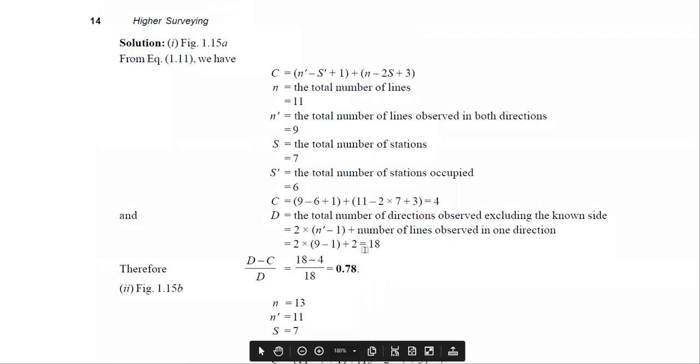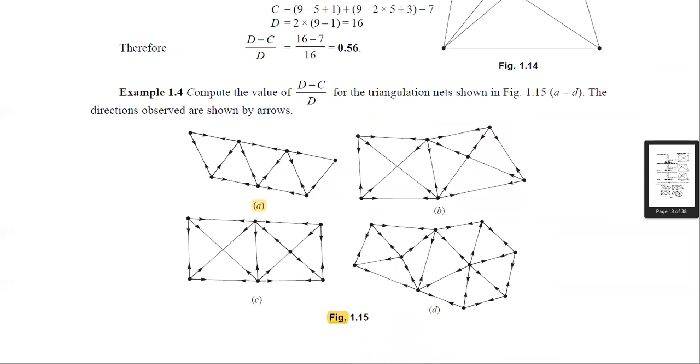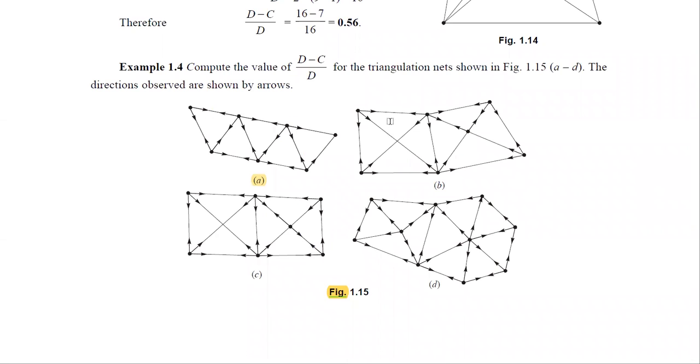But here we can count the number of lines. How many lines are there? 1, 2, 3, 4, 5, 6. Okay, 6 for this. 7, 8, 9, 10, 11, 12, 13. Out of 13 lines, how many are observed in one direction only?